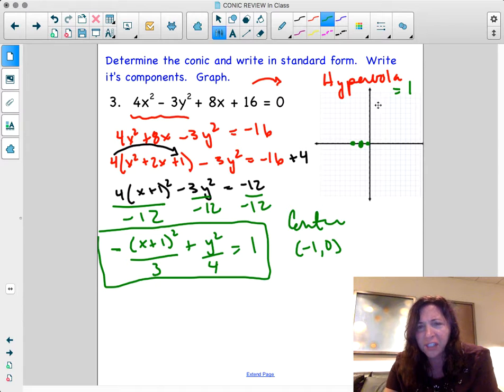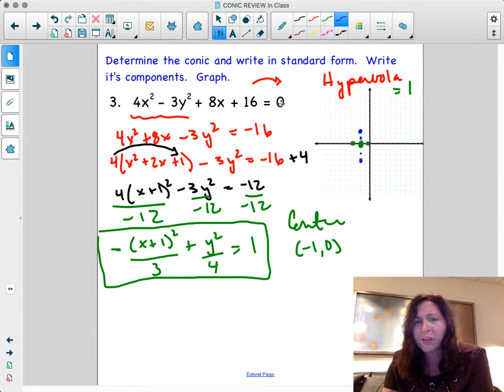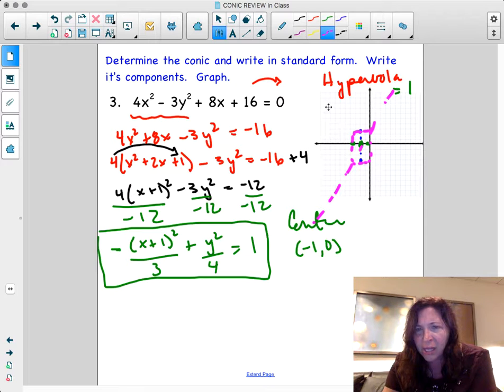In the y direction, I'm going to move the square root of 4, so 2 up and 2 down. Now remember, this is a hyperbola, not an ellipse. If this was an ellipse, I would certainly connect all my points. But because this is a hyperbola, I'm going to make this box around here and put in my asymptotes here and here.